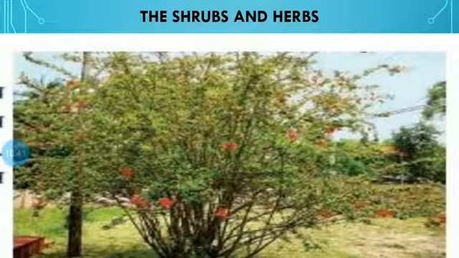Okay, according to the size and height of their stem, plants can be classified into 3 types: tree, shrub and herbs. So friends, this is the classification of the plants.